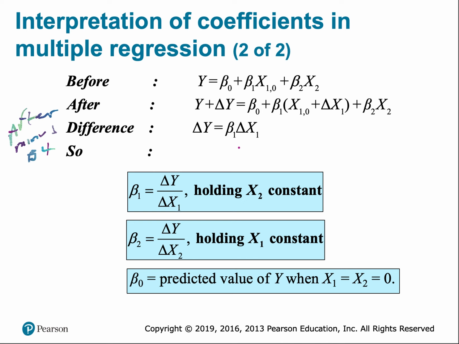Now we can divide both sides by delta x1, and we get an expression, an interpretation for beta 1. Beta 1 reflects a ratio.